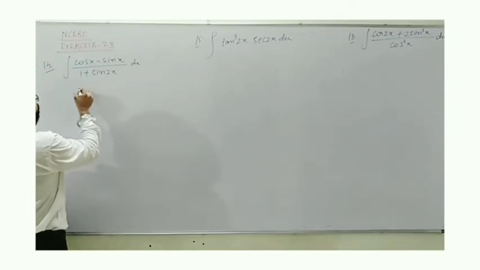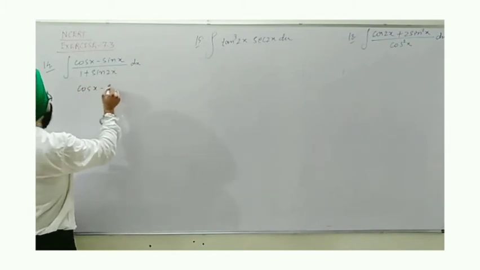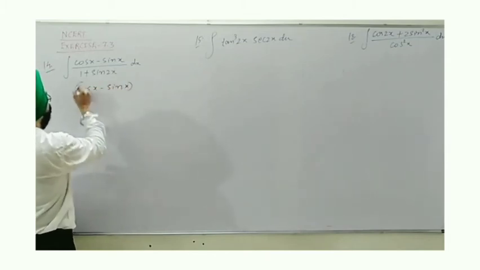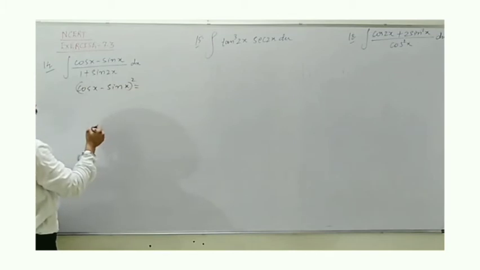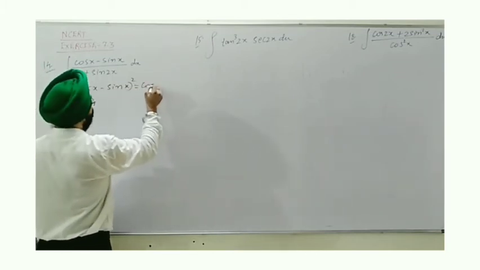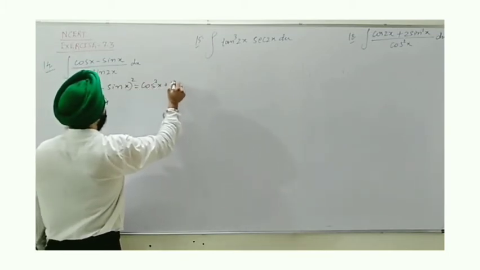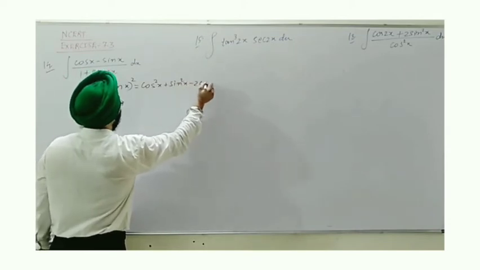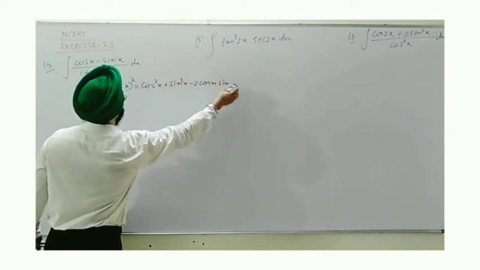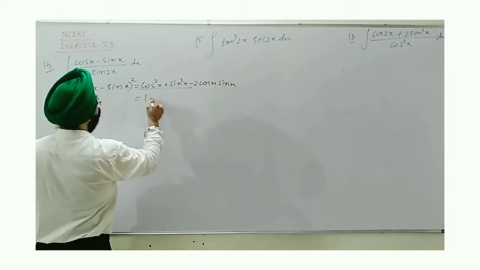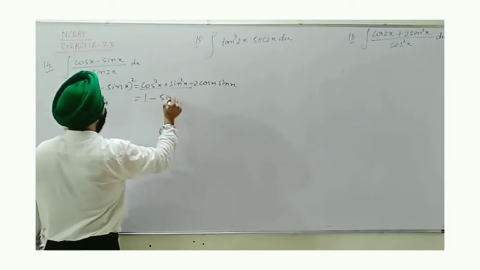We must know that (cos x minus sin x) whole square, if we operate by a minus b whole square, we get cos square x plus sin square x minus 2 cos x sin x. So this becomes 1 minus sin 2x.